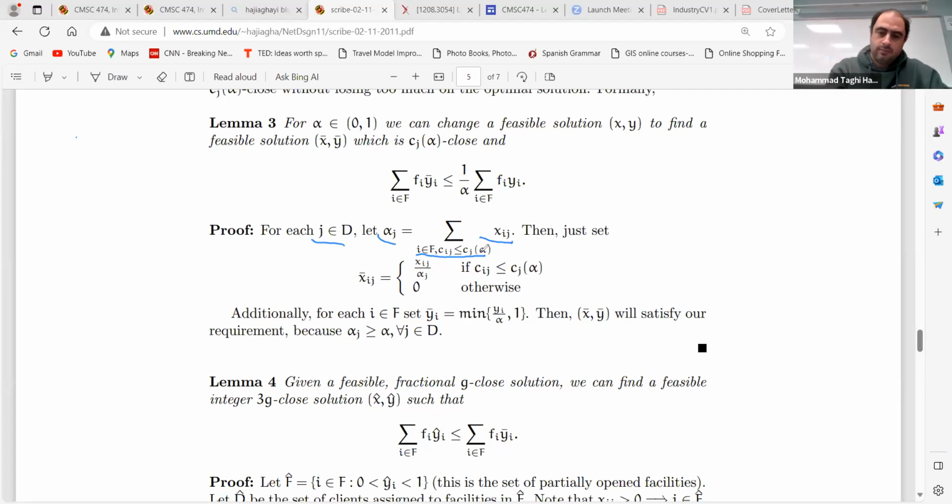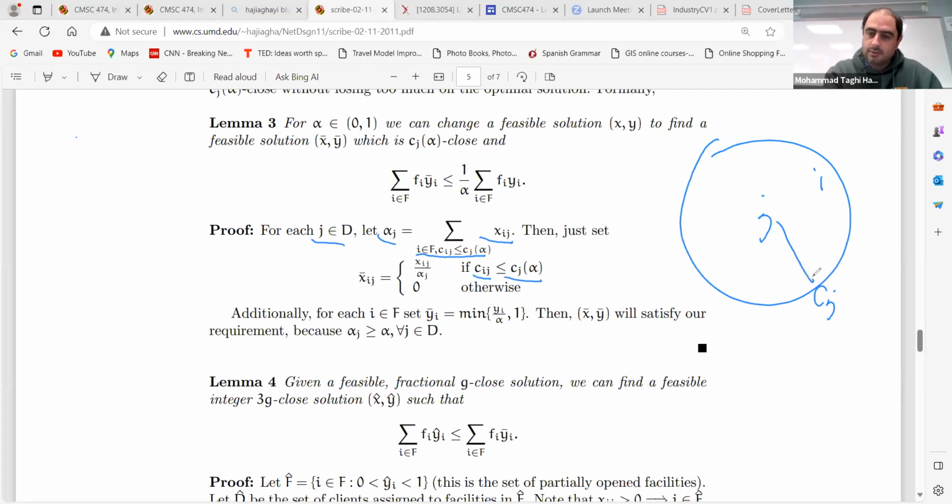Then what do we do? If Cij is less than Cj alpha, it essentially means that if you consider this j, this i is inside this ball, and the radius of this ball is Cj alpha. So if this is inside the ball, then xij will go up by this factor alpha j.